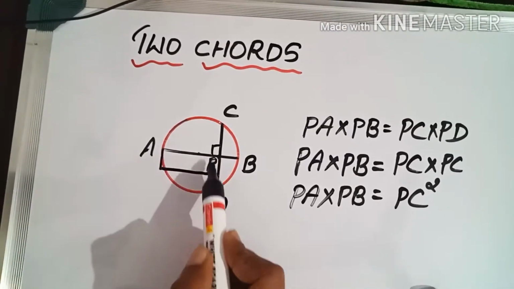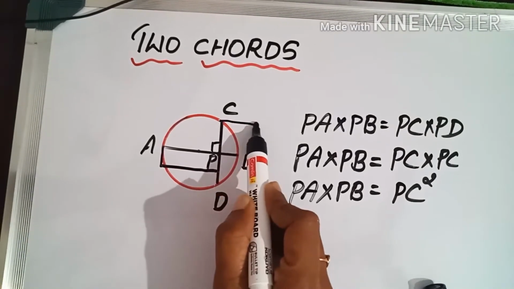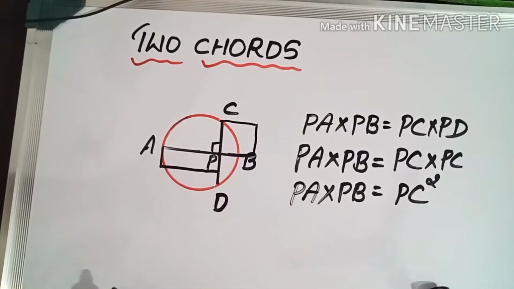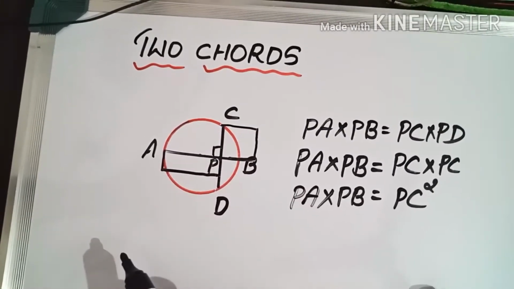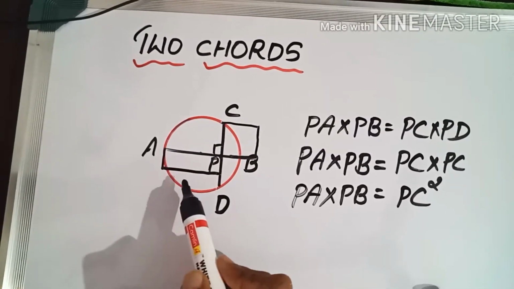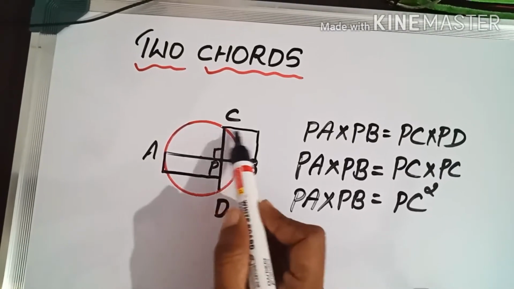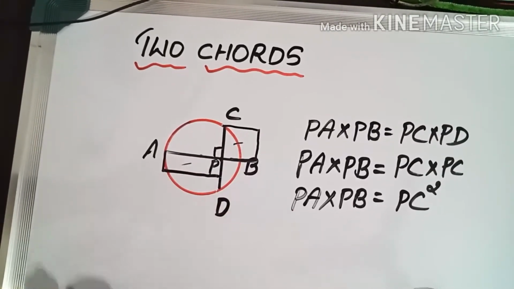This rectangle's area will be the same as, here we can draw one square. Why? Both are the same. All four sides will be the same. That means the rectangle formed by parts of the diameter will be equal to the area of the square.